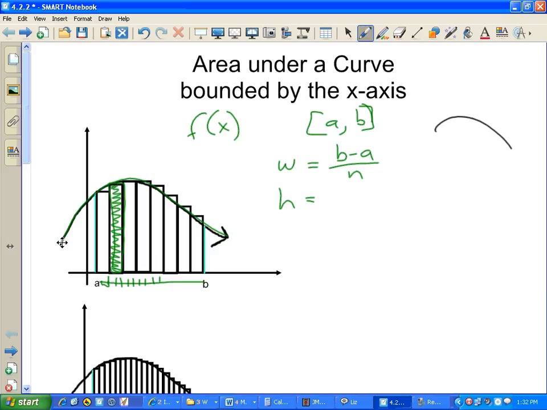You could use the left side of your rectangle, or you could use the right side of your rectangle to determine how tall your rectangle is going to be. And you can use either method when you're doing this. I'll go through both ways, but the majority of the time it's going to be easier if you use the right endpoints to make the height, and I'll show you why.